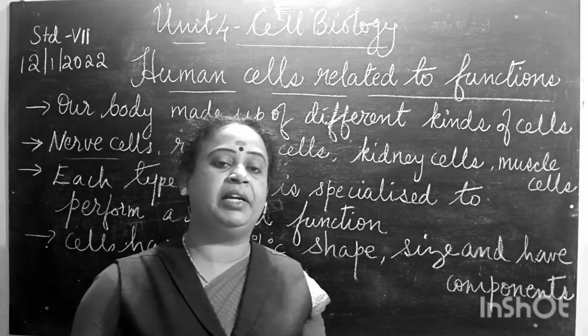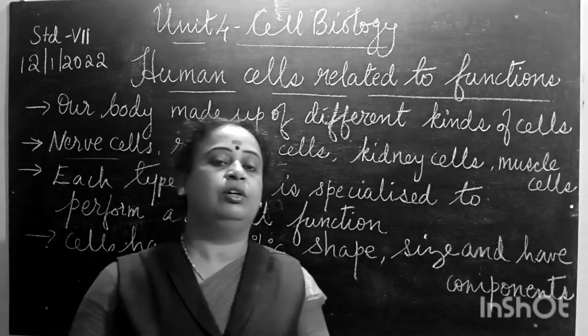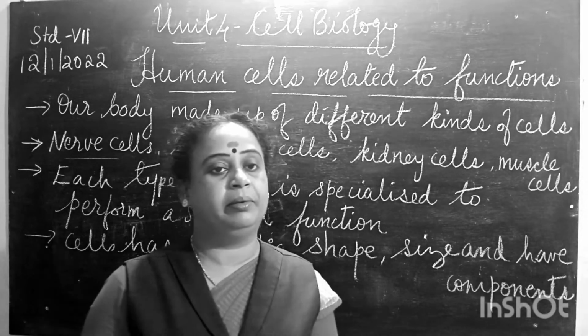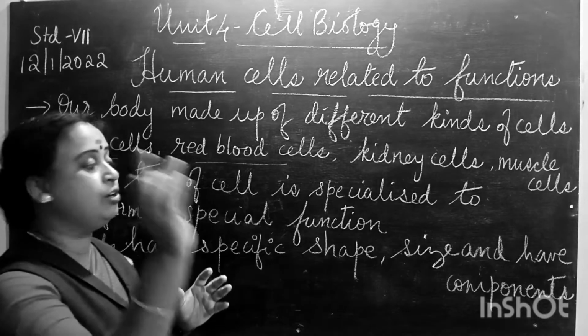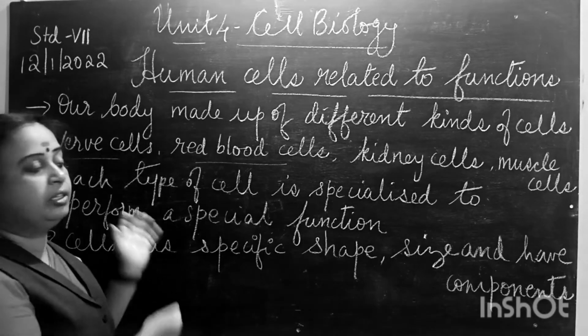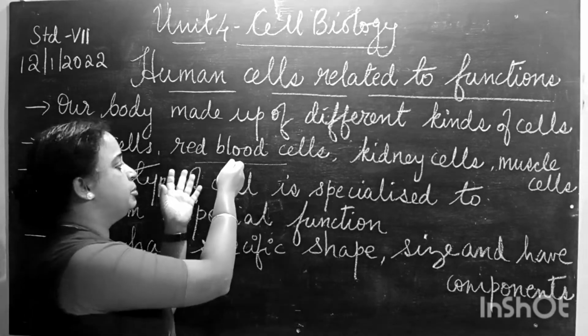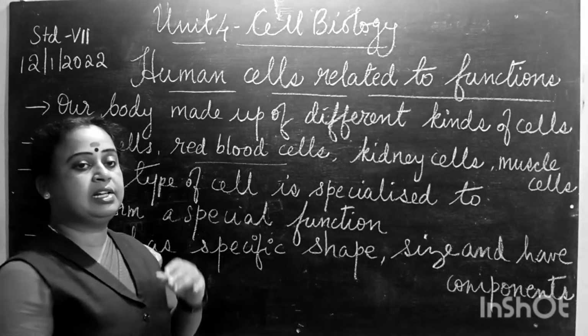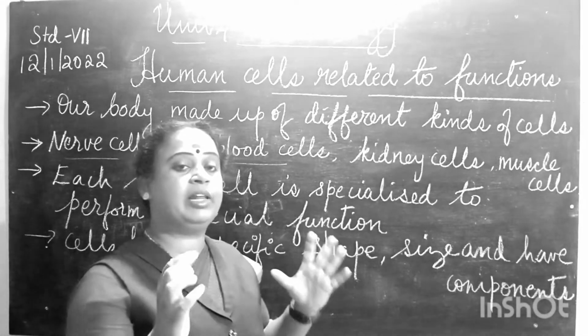And these unwanted materials, the toxic or poisonous substances, are excreted out in the form of urine. Understanding this? So the function done by the kidney cell will not be performed by the brain cell or the nerve cell, and the function done by the muscle cells will not be the function of the red blood cells. Understanding? So each cell is very specific.